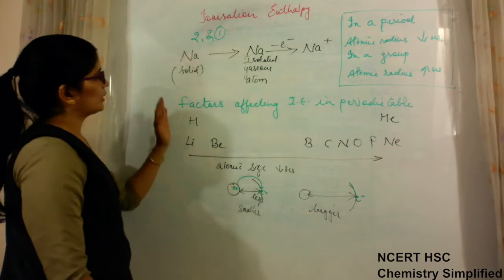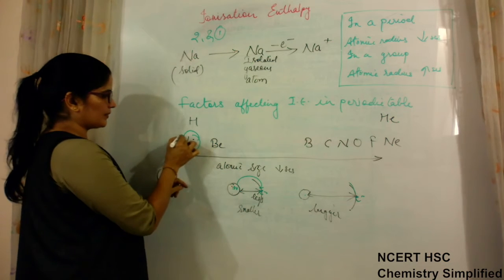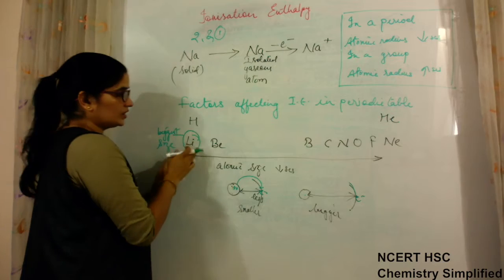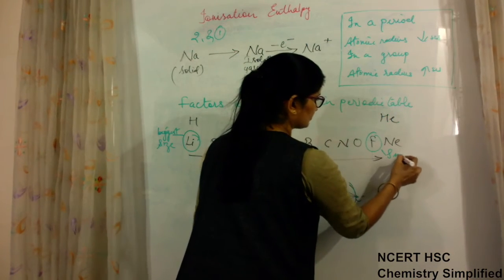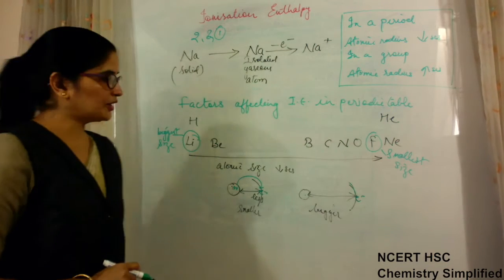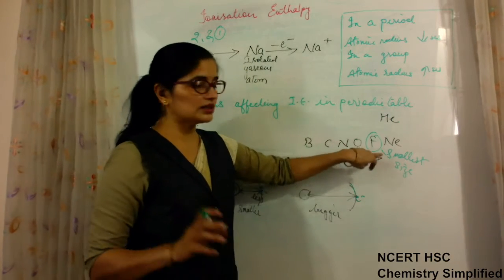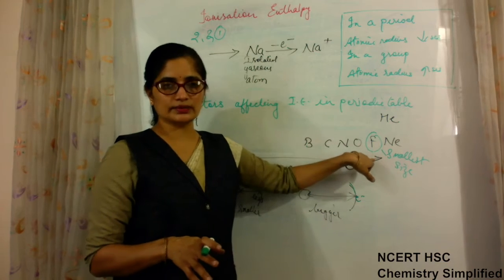Clear? So if we see in the periodic table, lithium has the biggest size in this particular period and fluorine has the smallest size. Smallest size means the most difficulty in removing an electron from fluorine.